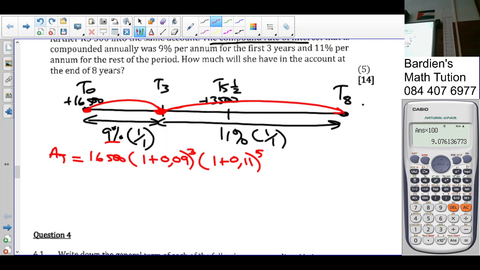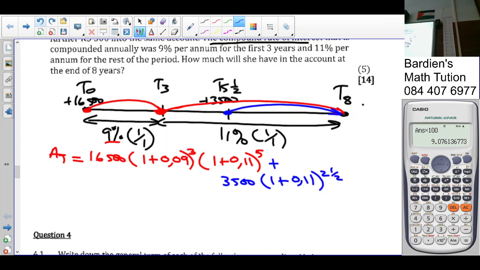Then you take this 3,500 Rand from there and just take that to the end as well. In other words, you are adding 3,500 into 1 plus 0.11 to the exponent, and how many years is it from 5.5 to 8? 2.5 years.